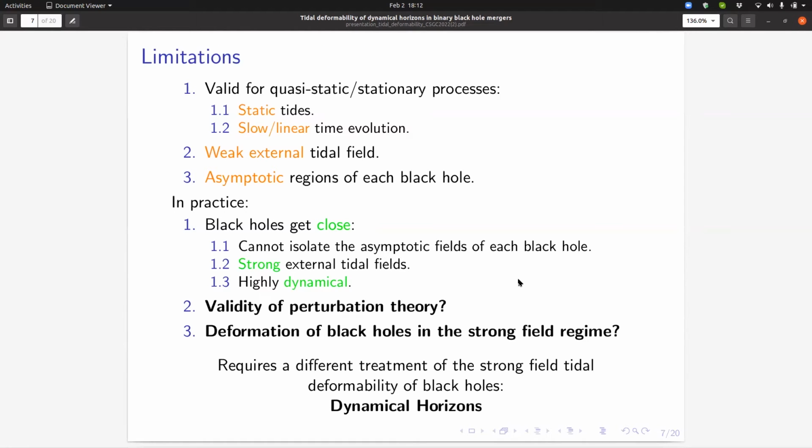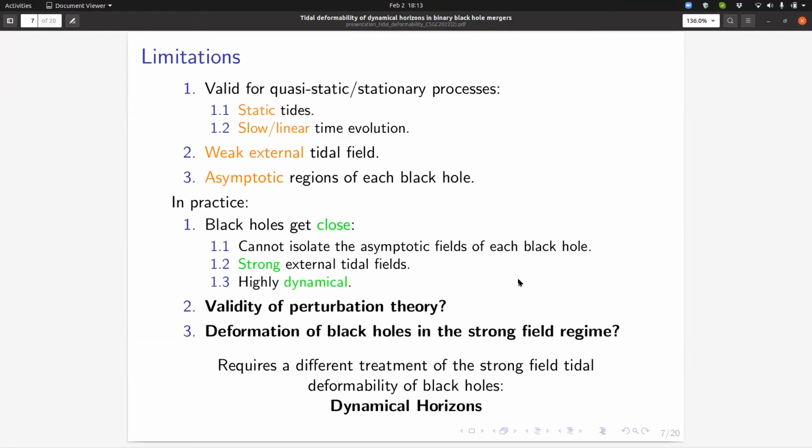There is a lot of work that has happened to study tidal deformations of black holes. They all either use the perturbation approach, which I discussed now, or some of them discuss the tidal deformations of compact objects which have a source distribution like neutron stars, and take the limit of compactness of a black hole to derive the tidal deformations of black holes.